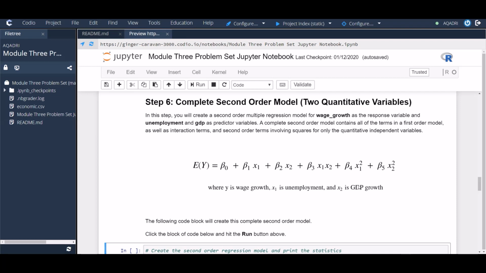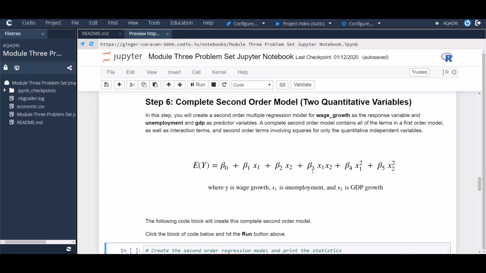So now that we know what a complete second order model is, I do want to emphasize one point. Suppose that x1 has a curved relationship with the response variable, so that you want to include the first order term and its second order term. But now let's say that x2 is linearly related to the response variable, so that it makes sense to include the first order term, but it may not make sense to include the second order term.